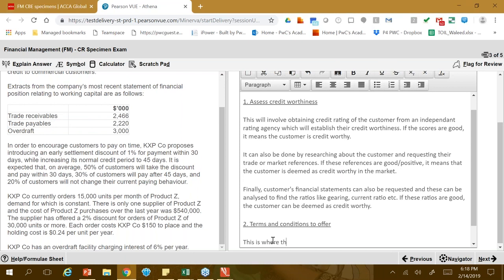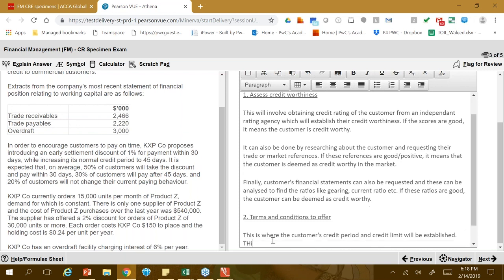So this is where the customer's credit period and credit limit will be established. Not enough to stop here. This will not give me much credit in the exam. I need to explain this point further. This will come from the earlier step where the customer's creditworthiness was checked.